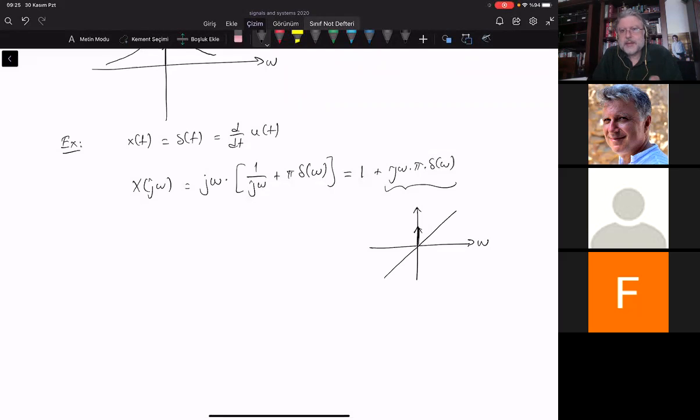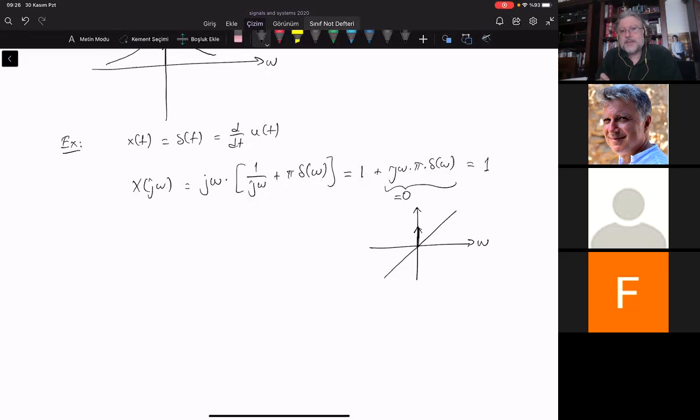So the impulse is non-zero only at omega equal to 0. When omega is equal to 0, what is omega, or what is j omega? That is also 0. So it will become 0 times the impulse. And at this point, when they are multiplied, they will give you 0, which will make the whole thing to be equal to 1.